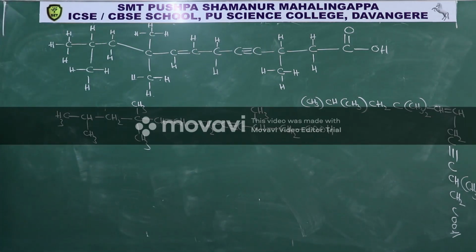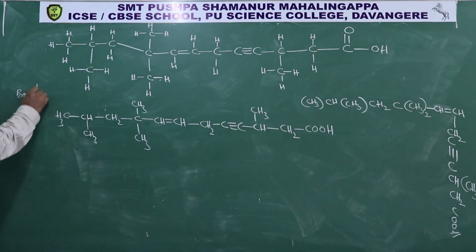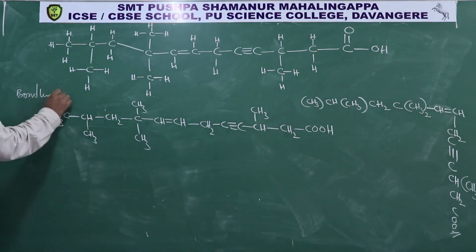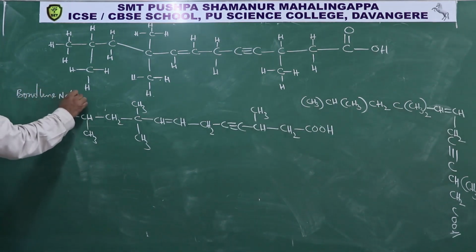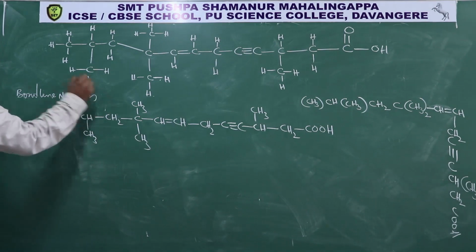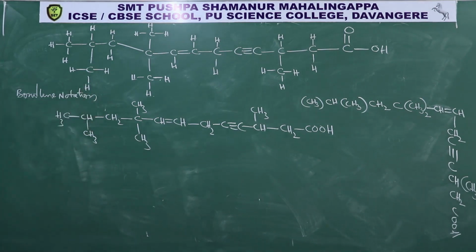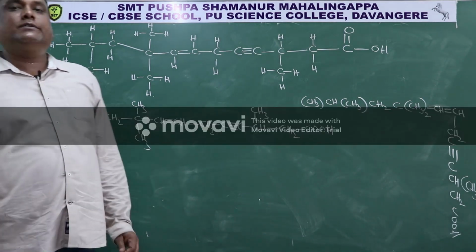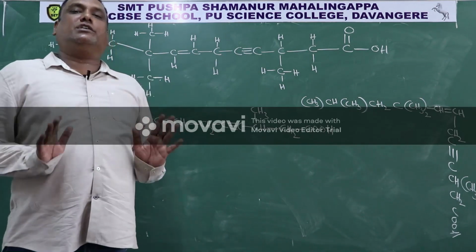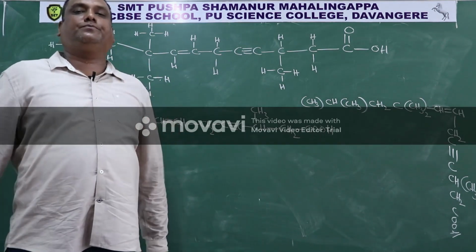But there is another method of writing organic compound. It is called as bond line notation. Bond line notation means, in this we don't show hydrogens and we don't show carbons.